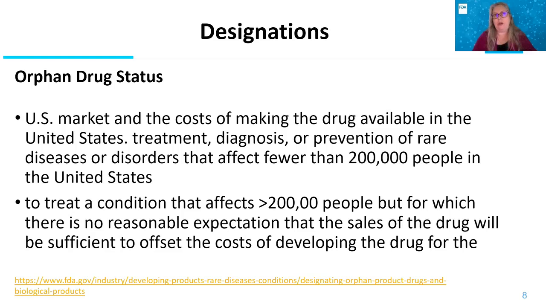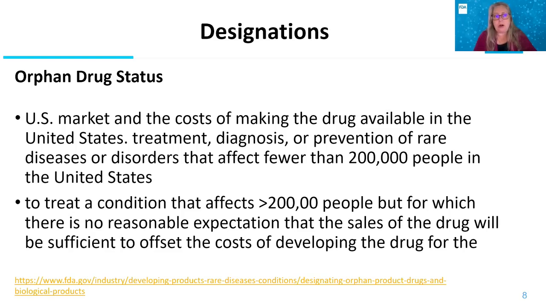And so the orphan drug status or designation is a program that puts a number on it. It's available to drugs intended for the safe and effective treatment, diagnosis, or prevention of rare diseases or disorders with fewer than 200,000 people in the US, or to treat a condition that affects less than 200,000 people, for which there's no reasonable expectation that the sales from the drug will be sufficient to offset the cost of developing it.